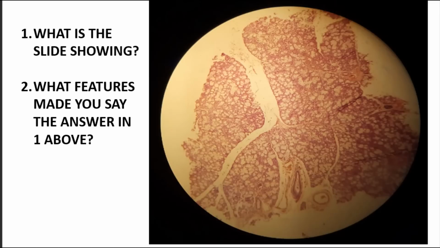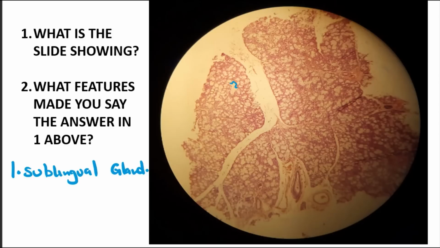What is this slide showing? This slide is showing the sublingual gland. Most people mistake the sublingual gland for the mammary gland. The difference is that the white part in the sublingual gland is not lumens.